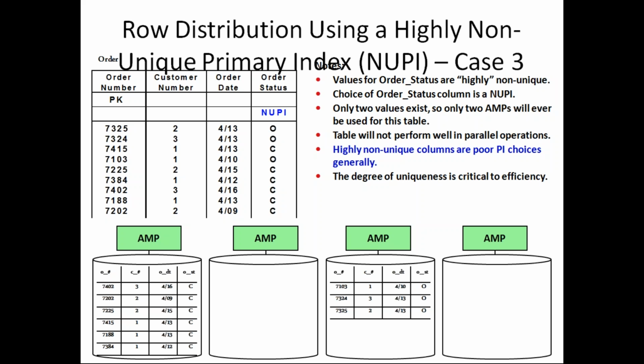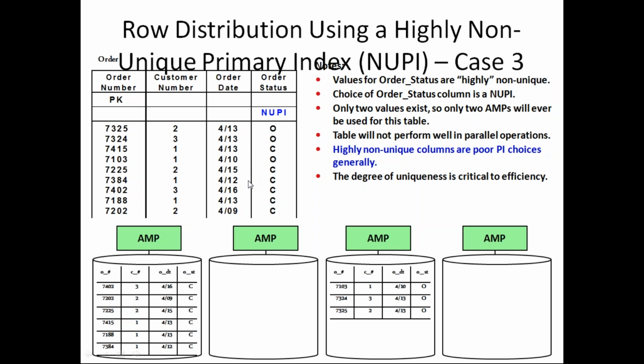But if the degree of uniqueness is not reasonable for those tables, then I would prefer the column which gives me the unique distribution, and for the other columns I have other techniques to be applied called secondary indexes. We'll see that topic later. But we have to consider these two factors. First is the unique distribution and the second is the data usage, how we are going to use this data.